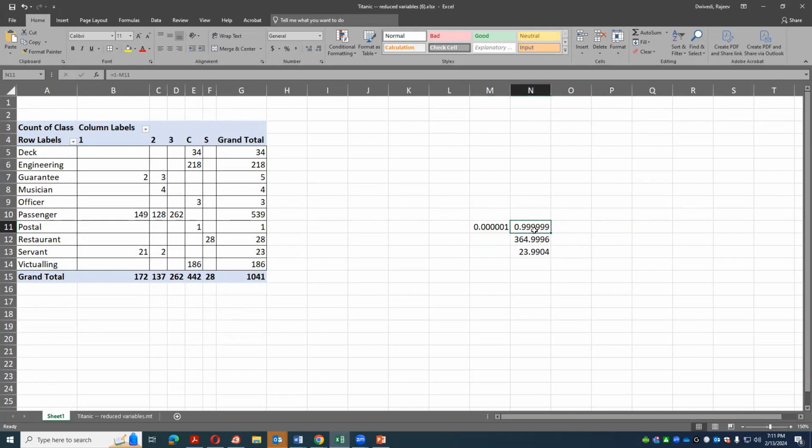This is the total. For 365 days, this is the availability: 364 days and out of 24 hours, 0.9996. It's just the decimals behind it. Yeah.